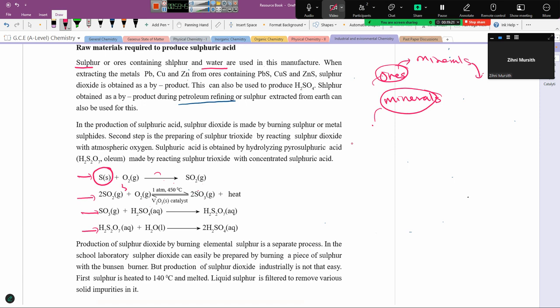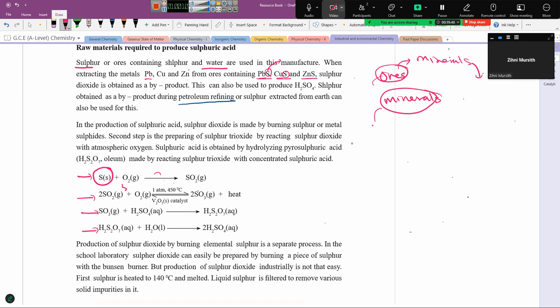Here, when extracting metals, we have some ores from which we can extract lead, copper and zinc. In addition, lead sulfide, copper sulfide and zinc sulfide are contaminated with sulfur. So when you extract these metals, sulfur can be a byproduct.